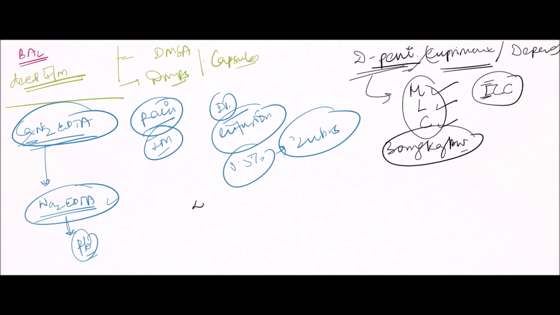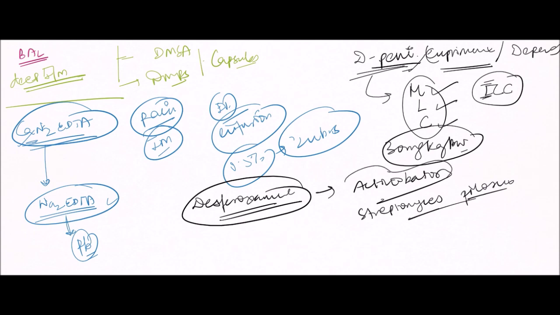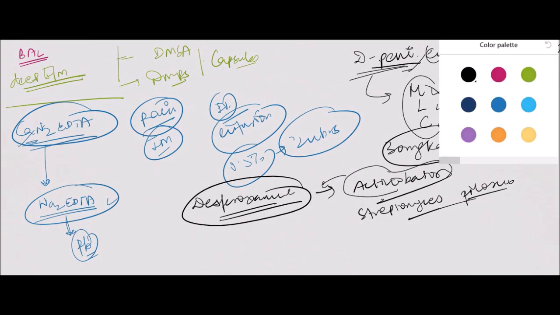Now the other chelating agent is desferrioxamine. This agent is formed by an actinobacterium named Streptomyces pilosus, which forms desferrioxamine for consumption of iron.